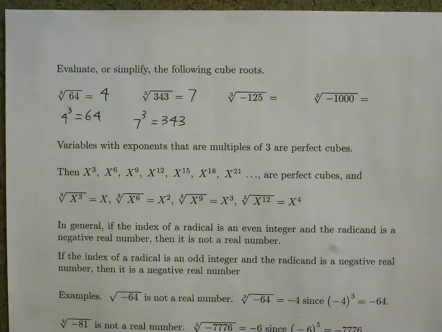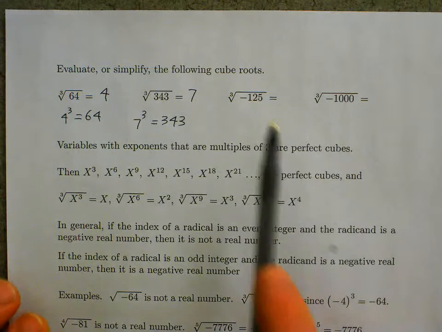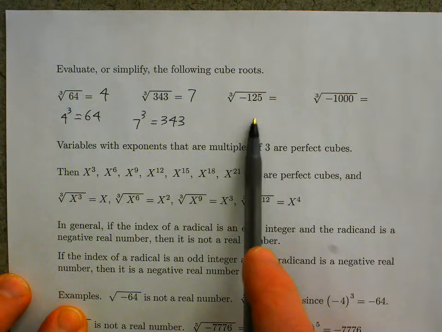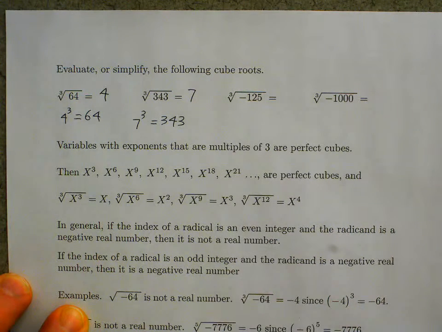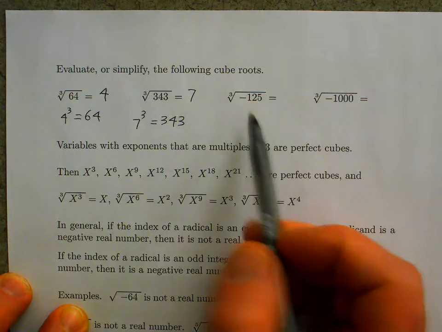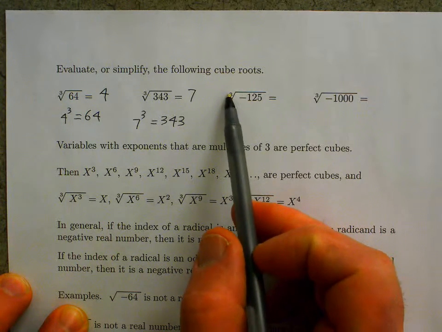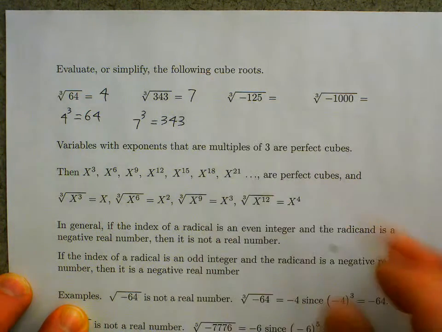Well, it's going to involve 5 in some way, but it won't involve the absolute value. So I got an answer online, which is negative 5, and negative 5 is correct.